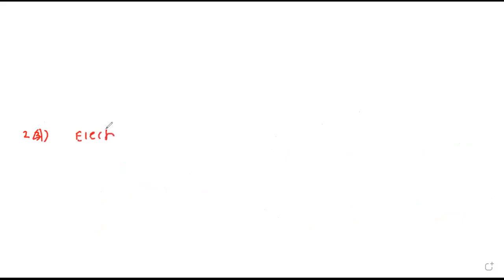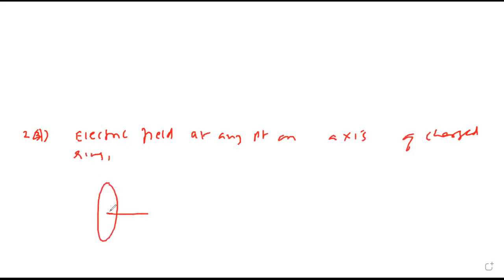Electric field at any point on the axis of a charged ring. This is R, this distance is x. The point is on the axis.